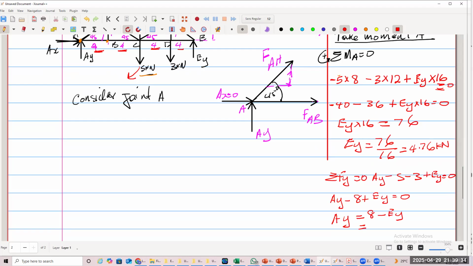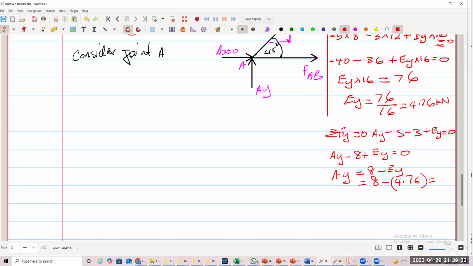So this should give us our answer, 8 minus the 4.75. What's that difference now? 3.25, is that correct? Positive? Yes, sir. Kilonewtons.